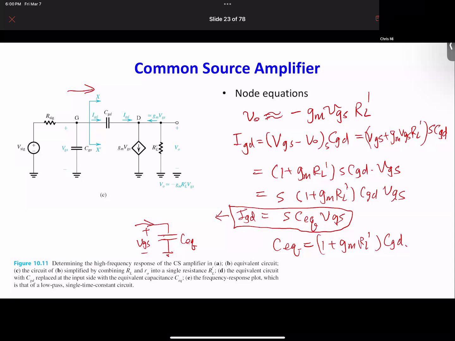So up to this point, we said this IGD is just equal to this, which means now we can redraw this circuit. Instead of drawing CGD and V10, we draw this.